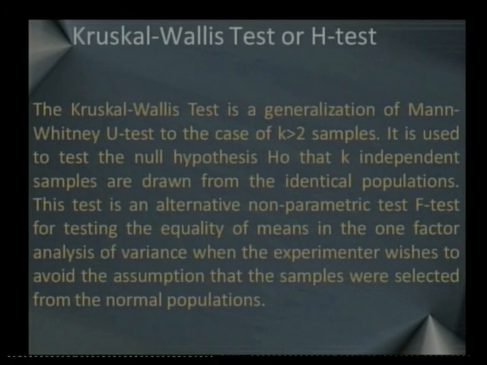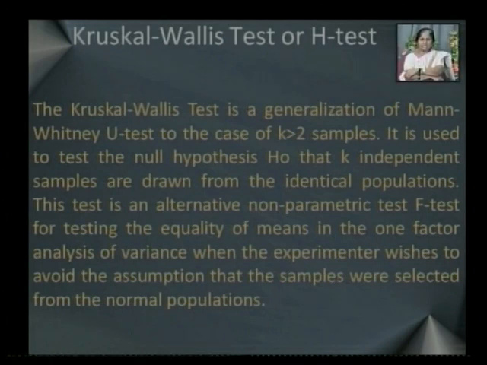Now let us take the Kruskal-Wallis test or H test. When two samples are taken into consideration, we use the Mann-Whitney U-test. But if K is greater than 2, then a modified test is there, the Kruskal-Wallis or H test.